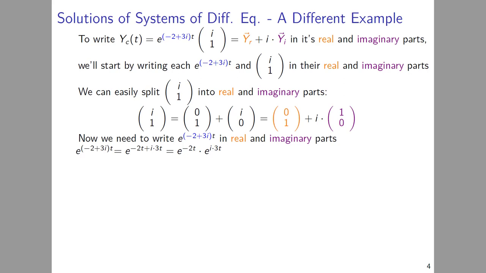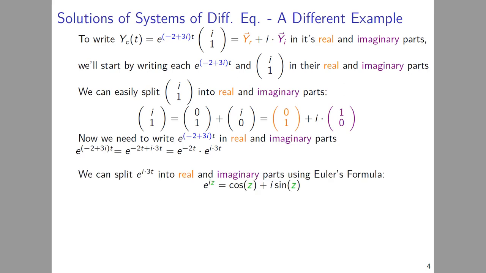Now, the imaginary piece e to the i times 3t we've worked with before. Remember, we can split e to the i times 3t into real and imaginary parts using Euler's formula that says e to the iz is equal to cosine z plus i times sine z, where our z here is 3t.